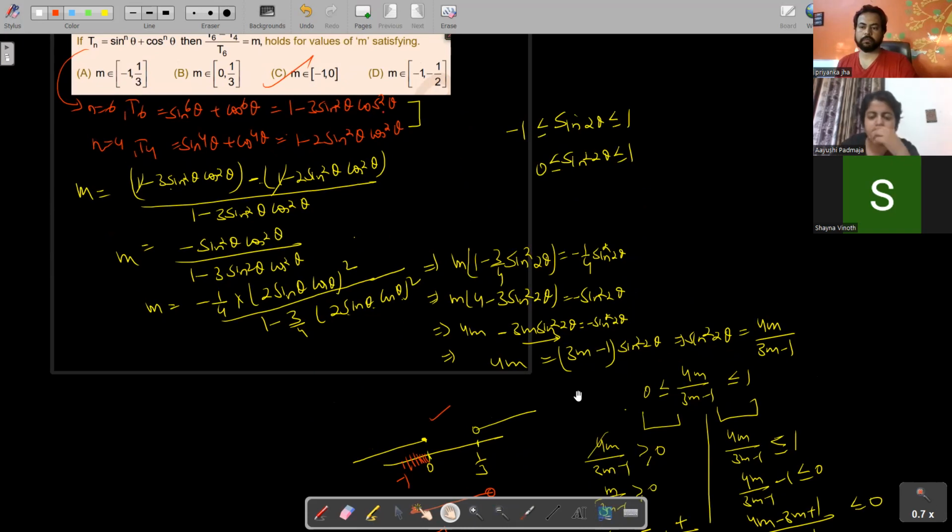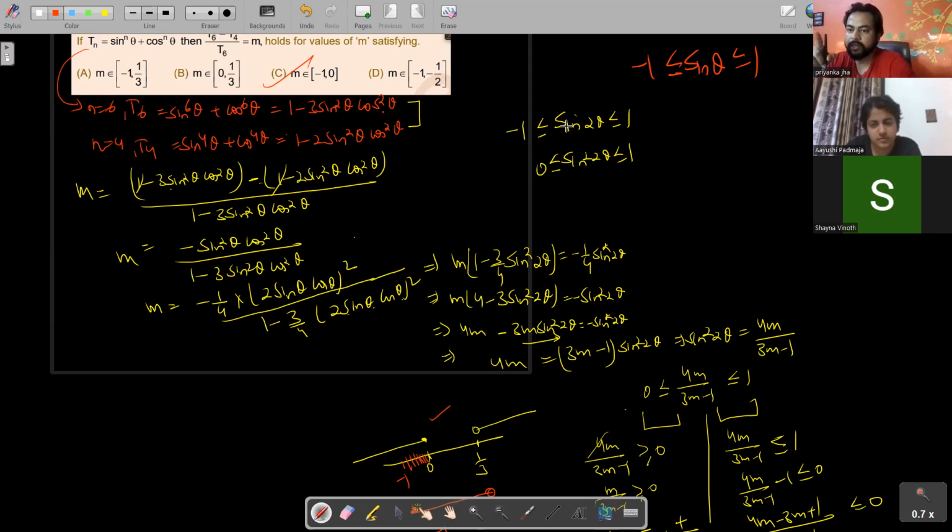Sir, here you have written minus 1 is less than or equal to sine 2 theta, which is less than or equal to 1. I didn't understand the next line. See, sine theta always lies between minus 1 to 1. Yesterday, I taught you the graph. So the range of sine theta is always minus 1 to 1.